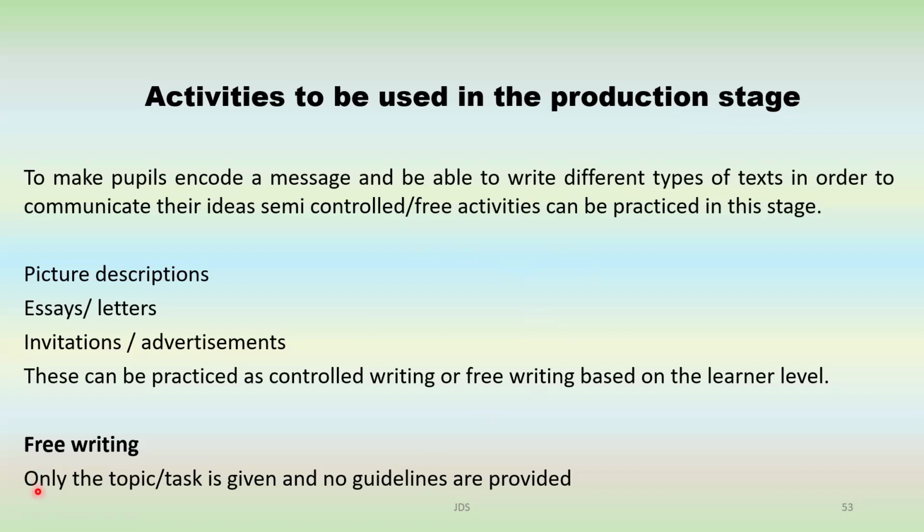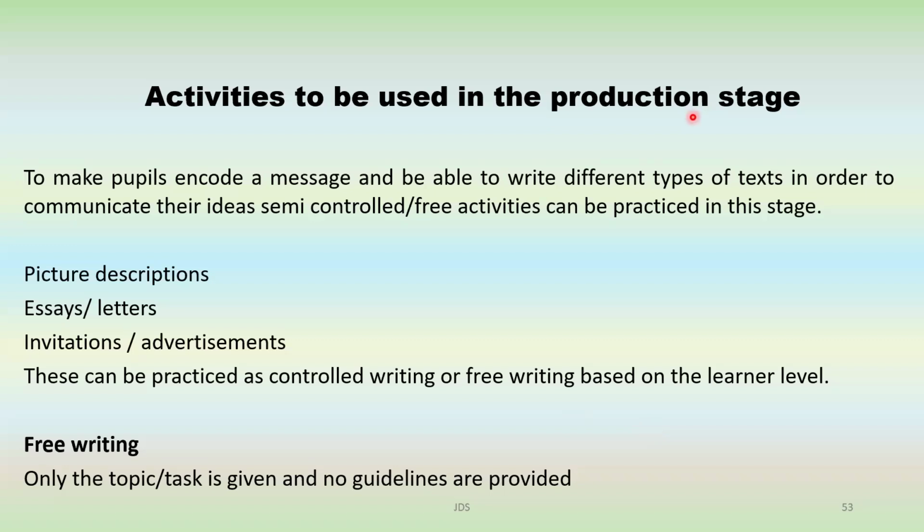Free writing. When it comes to free writing, only the topic or the task is given and no guidelines are provided. Right? So they have to brainstorm or maybe work in groups or find any way out to get the needed content.